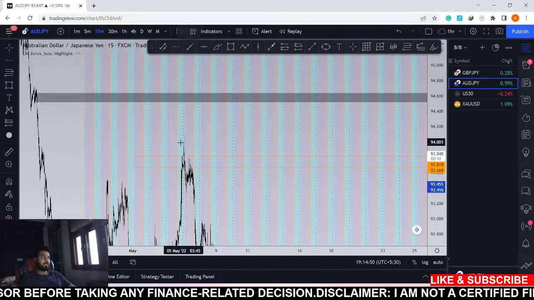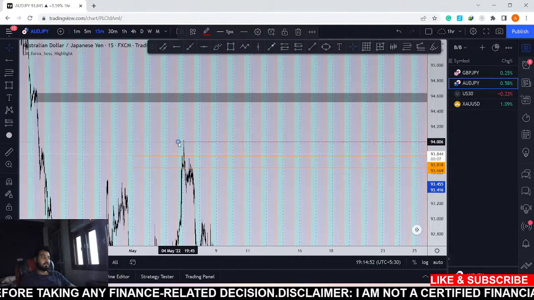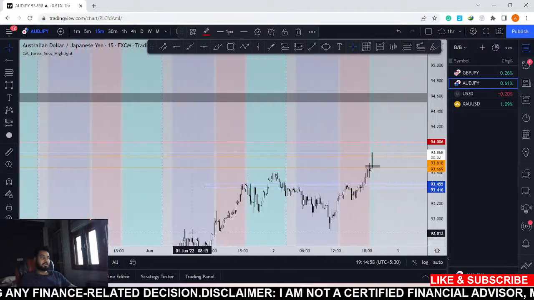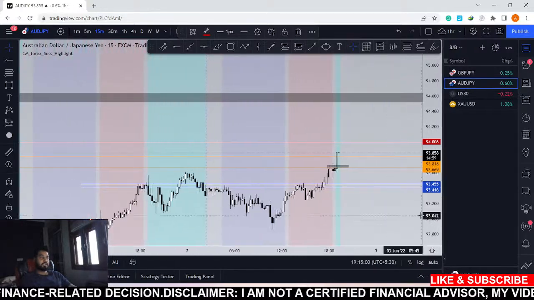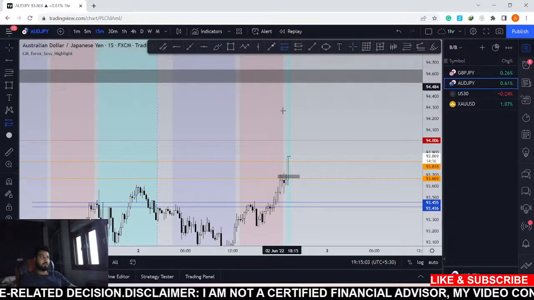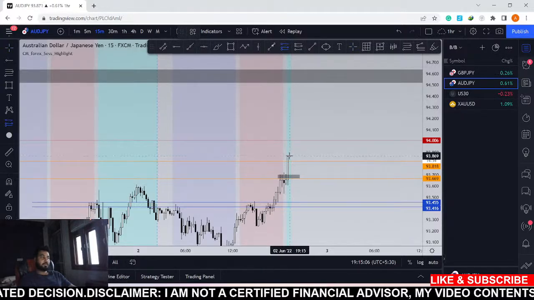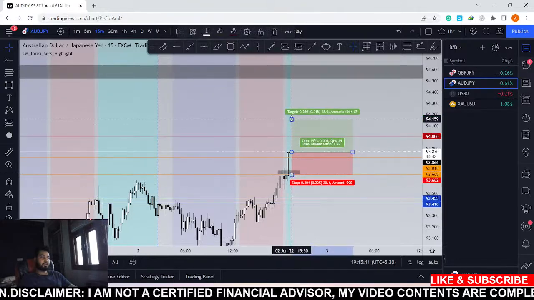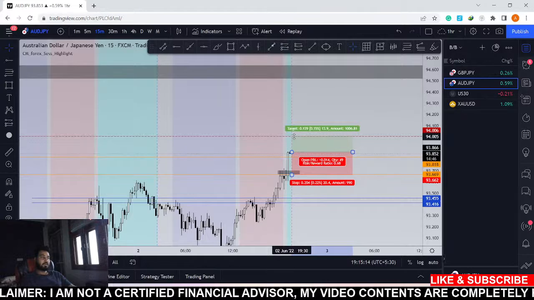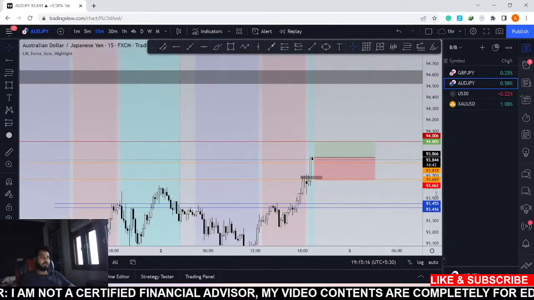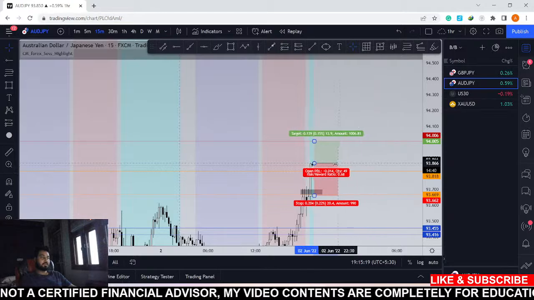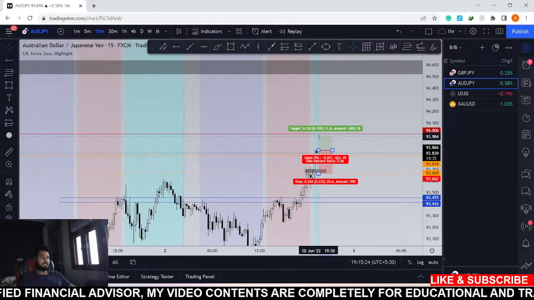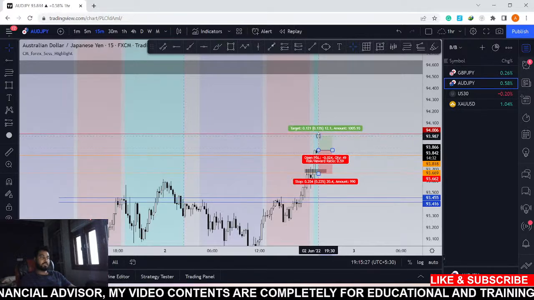Early exit will be at around this area, because with this type of candle you have to just take it out, just 0.6, 0.68%, and that's fine.